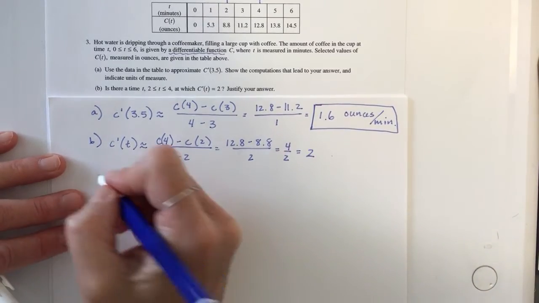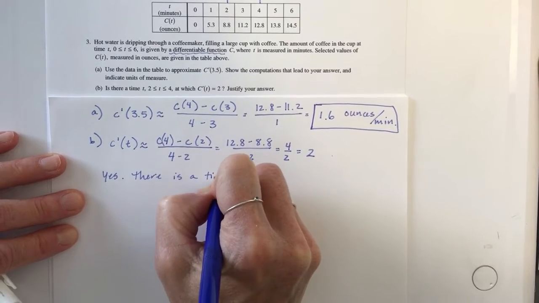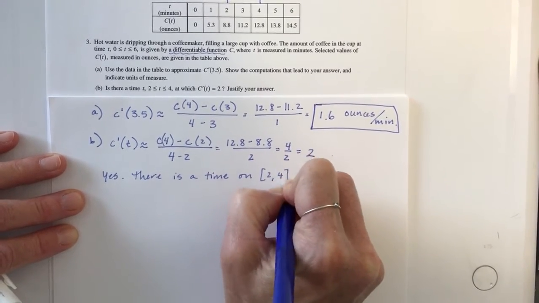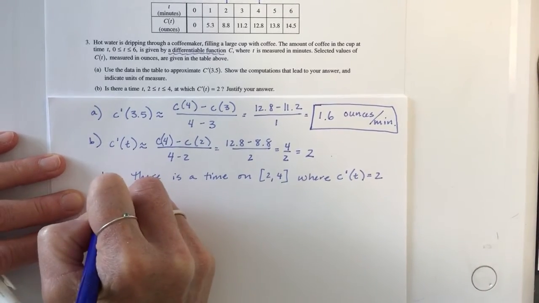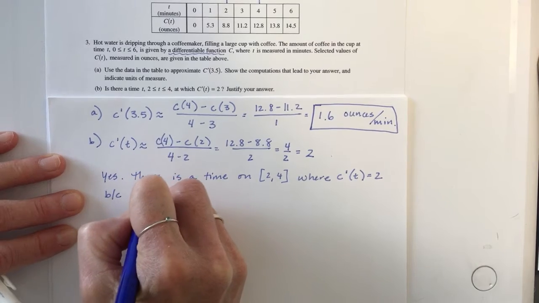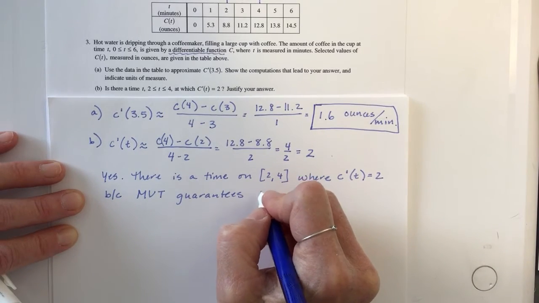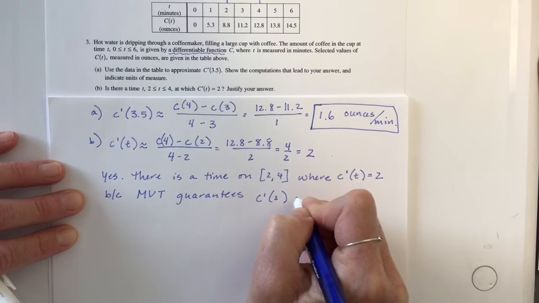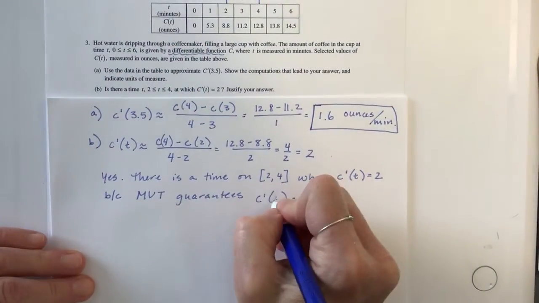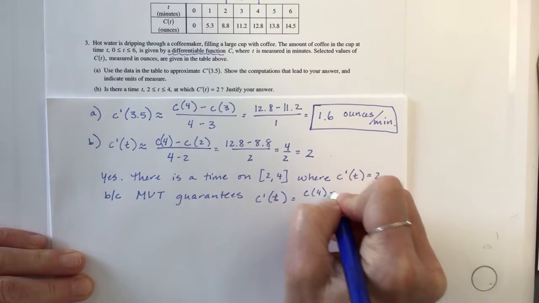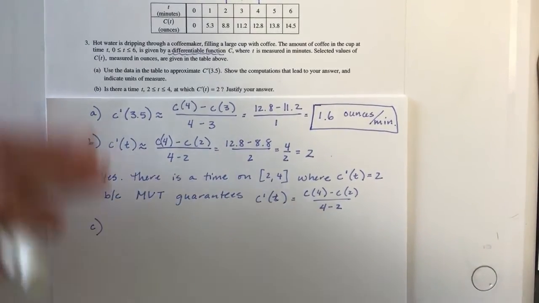So we can definitely say yes, there is a time on 2 to 4 where C prime of t is equal to 2, because MVT guarantees that C prime of t, sorry, not C prime of 2, has to equal C of 4 minus C of 2 all over 4 minus 2.